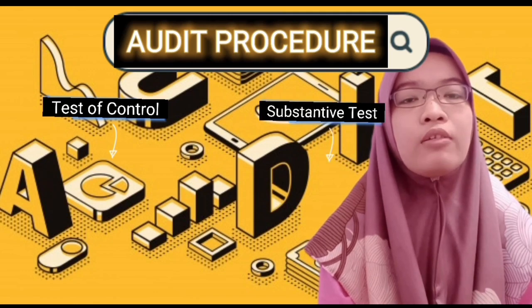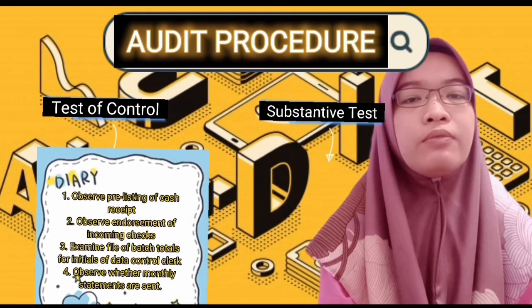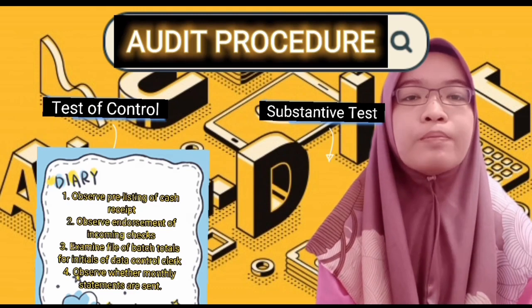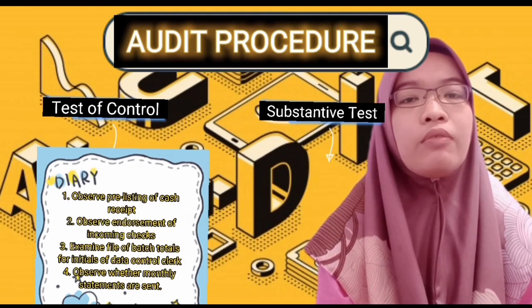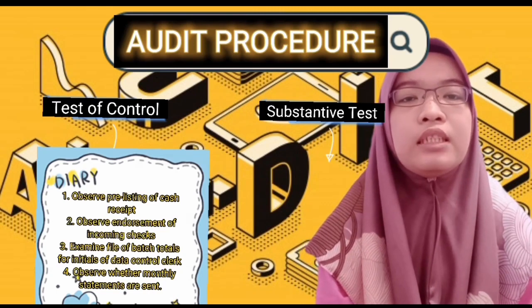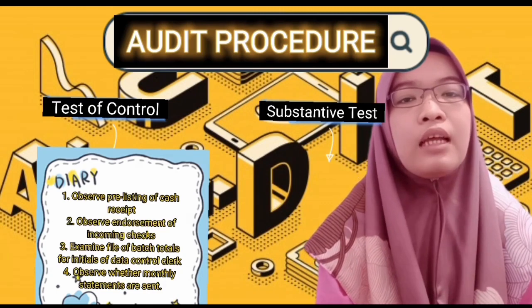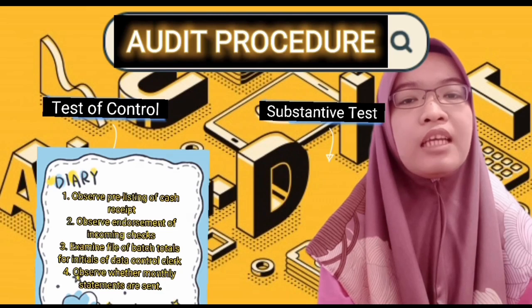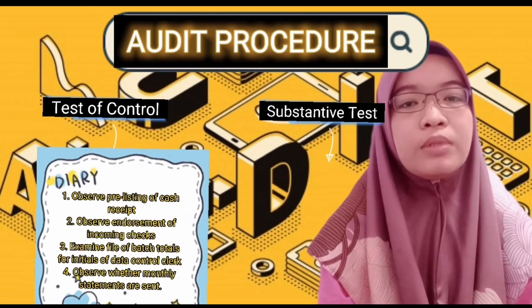For the test of control, observe pre-listing of cash receipts, observe endorsement of incoming checks, examine file of batch totals for initials of data control clerk, and observe whether monthly statements are sent to customers.